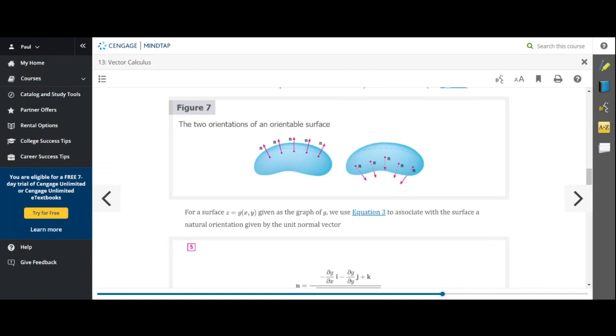That's called outward orientation. The other, of course, is inward orientation. We have to be comfortable with orientation before we can move forward. Are there any questions so far?